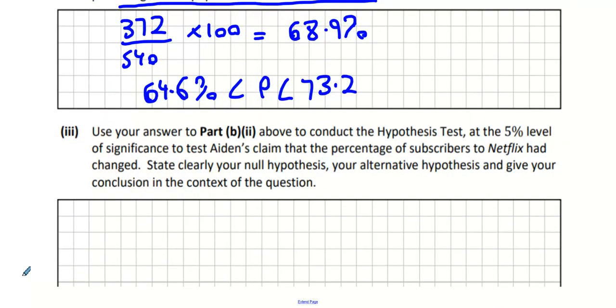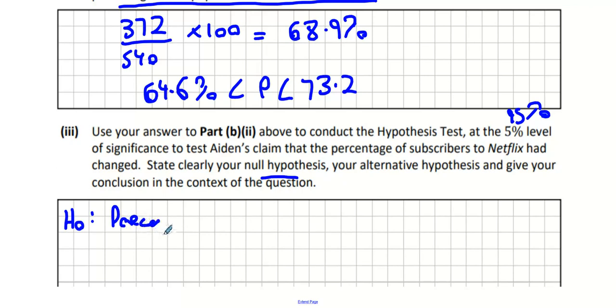Use your part B, part 2 to conduct a hypothesis test on whether, at the 5% level of significance, that means at the 95% confidence interval, clearly state your null hypothesis. Null hypothesis. Okay?